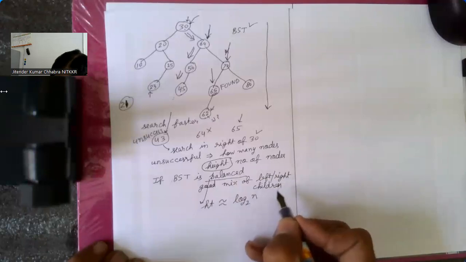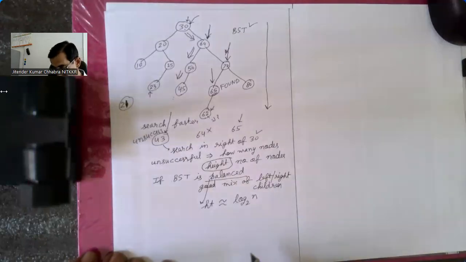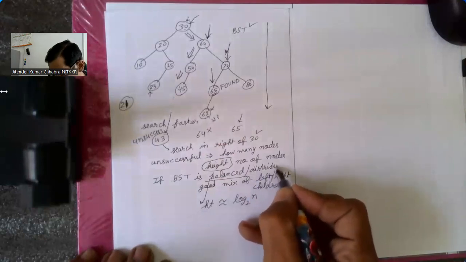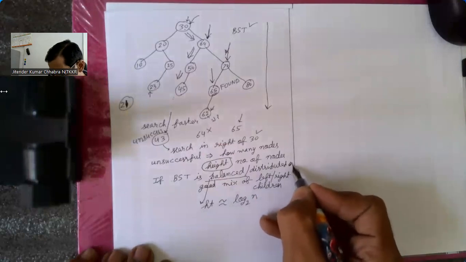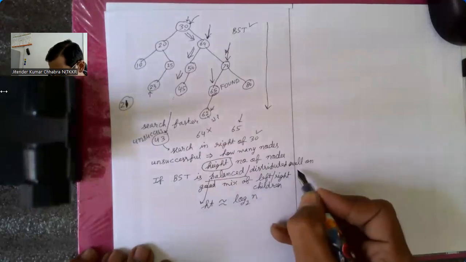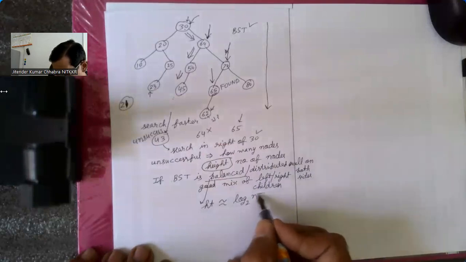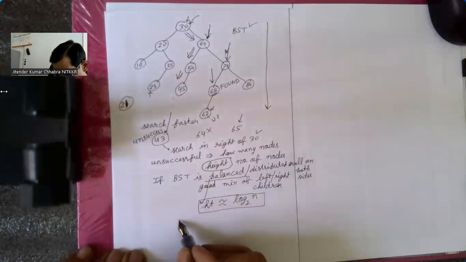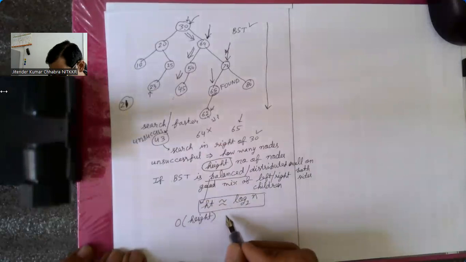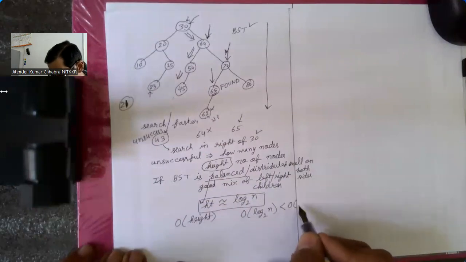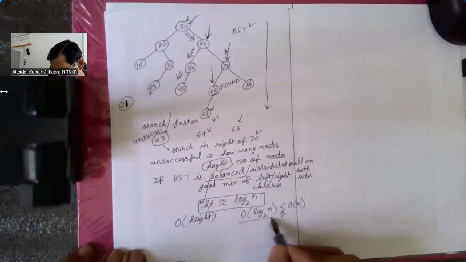If almost all nodes have them and the tree is distributed properly on both sides, then my tree will be quite balanced. And then, of course, the height is log 2n. So my searching will become order of height times. And if the tree is well balanced, this becomes order of log 2n, much better than order of n. So I can achieve a good thing.